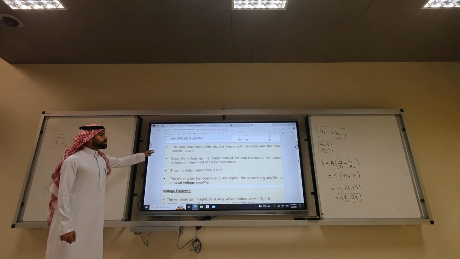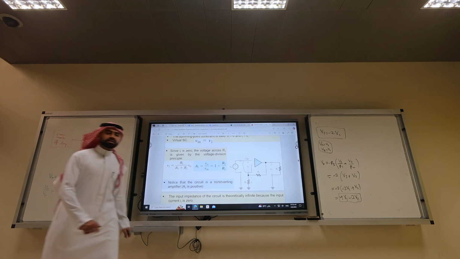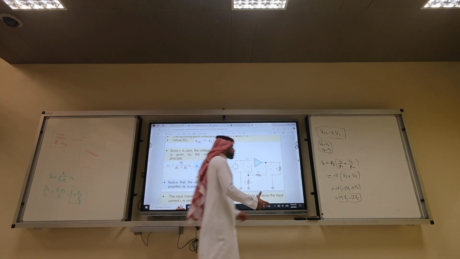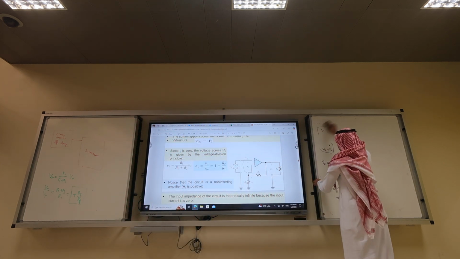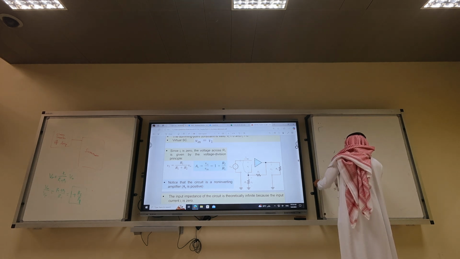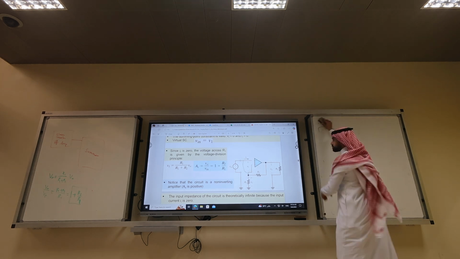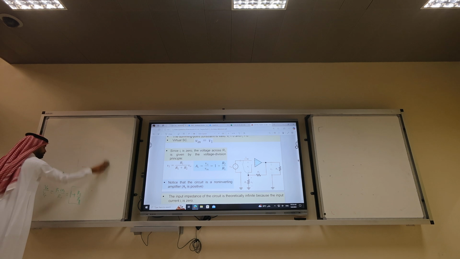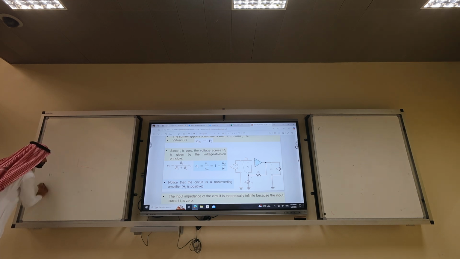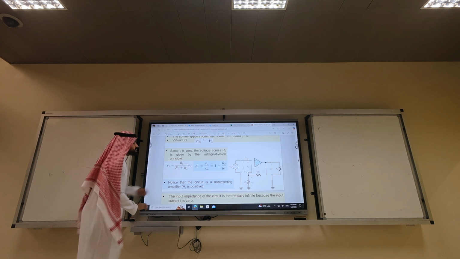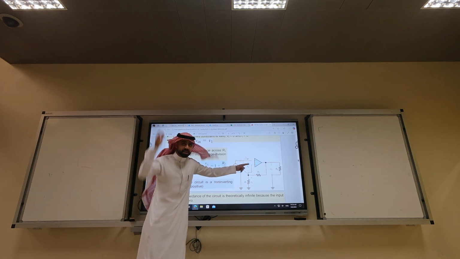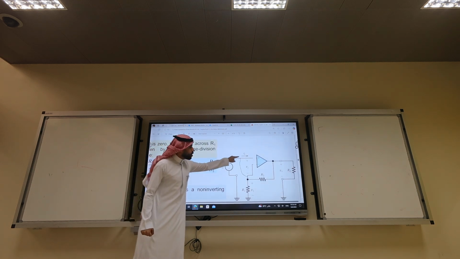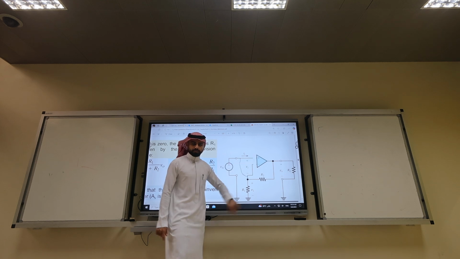Now what is the input impedance? What did I tell you the formula of the input impedance is? It's V input over I input, right? What is I input? I input is II, which is 0. There is no current that flows from the voltage source all the way to the positive terminal.